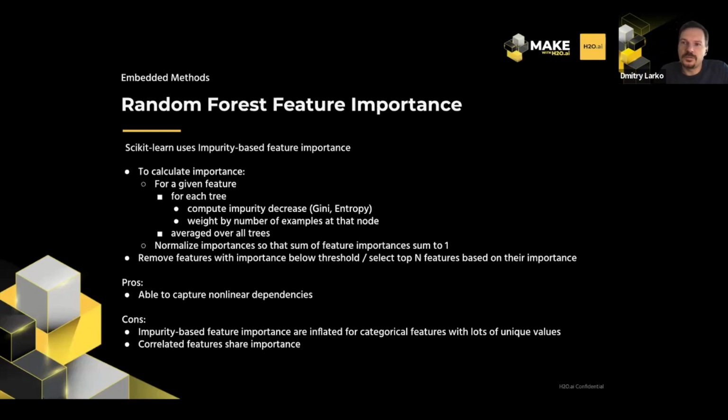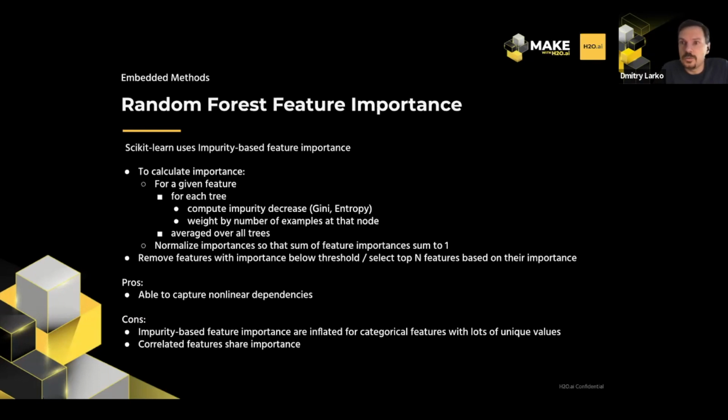Now you can actually extract it from a random forest, pick up the top 10 features, for example, and that ends your feature selection process. So what's good about this approach? Well, it's able to capture nonlinear dependencies, which is good.